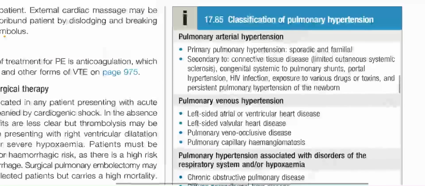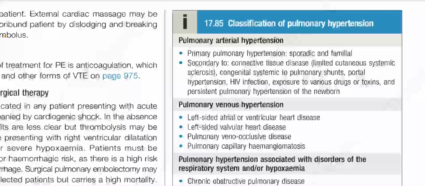Among the causes of pulmonary arterial hypertension are primary pulmonary hypertension, sporadic and familial; secondary to connective tissue disease, limited cutaneous systemic sclerosis; congenital systemic to pulmonary shunts; portal hypertension; HIV infection; exposure to various drugs or toxins; and persistent pulmonary hypertension of the newborn.